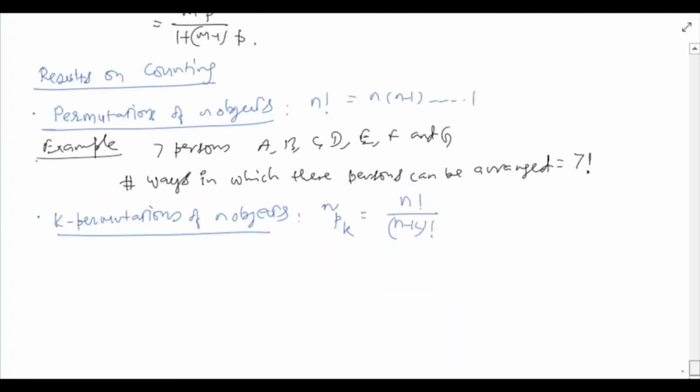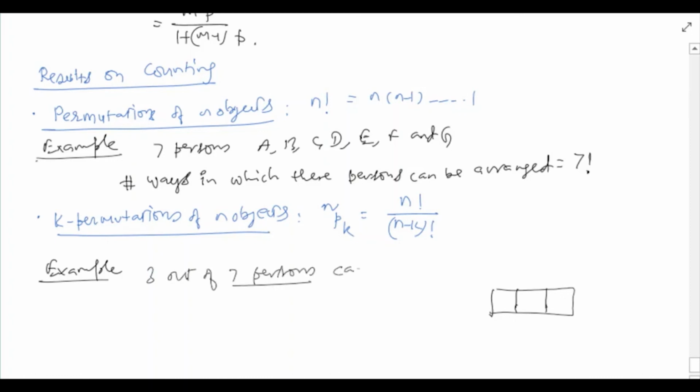To see an example, suppose the 7 persons in the above example have to join a queue. The queue has 3 positions. These 7 persons can come and join in any order. 3 out of 7 persons can join this queue in any order.